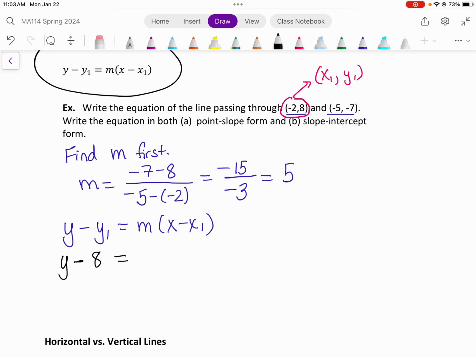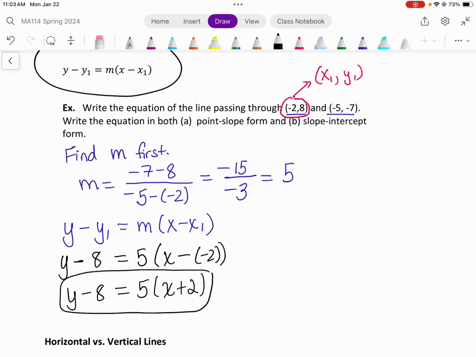Our slope is 5. X stays x, minus x of 1 is -2. I'm going to clean that up just a little bit. And there's our equation in what we call point slope. So if you're asked for point slope, you can leave it this way.